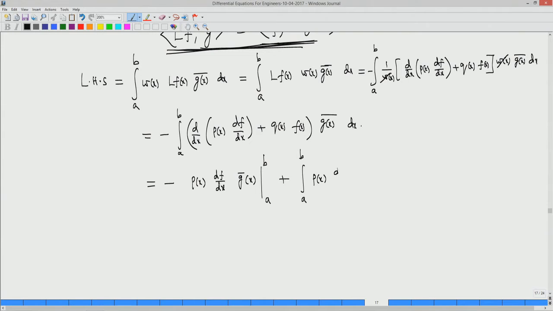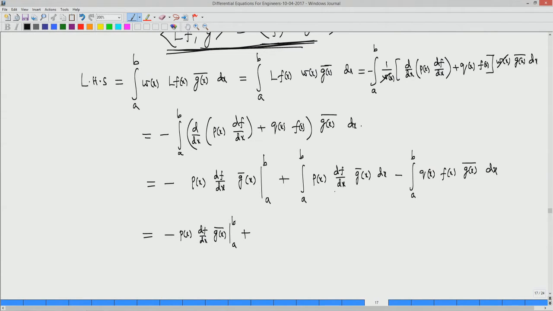The other term we write as it is, that is simply the integral from a to b of q(x) f(x) times g of x bar dx. You do not know anything about f and g, so leave it as it is. So this is minus p(x) df/dx times g bar of x at a to b.